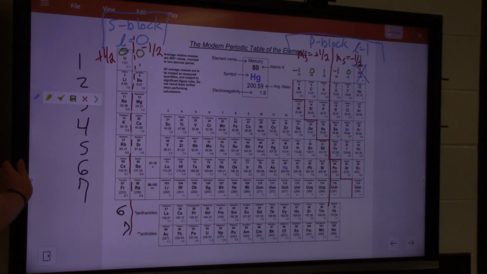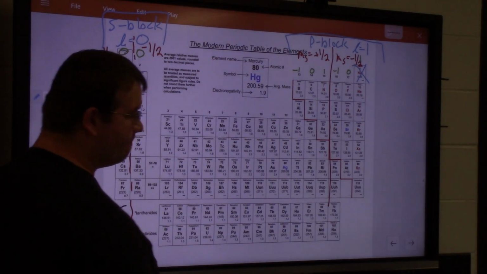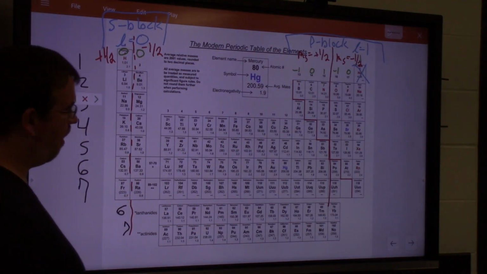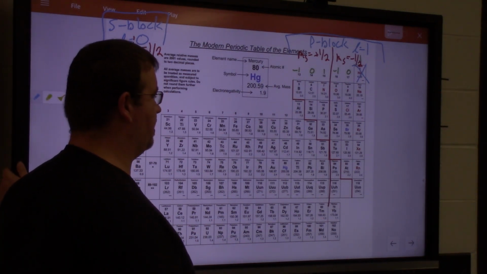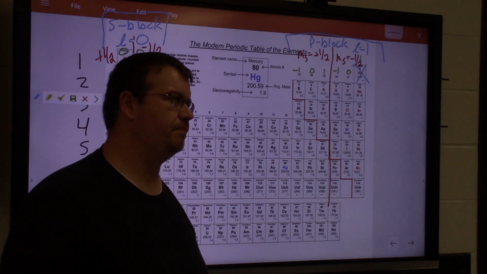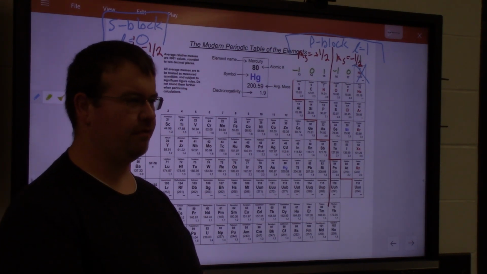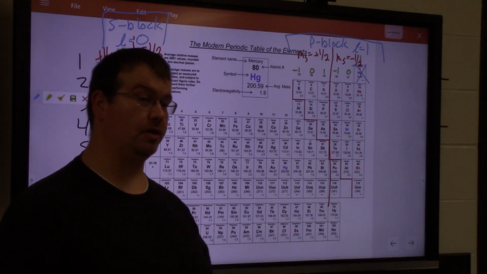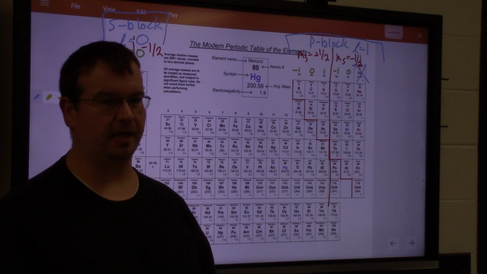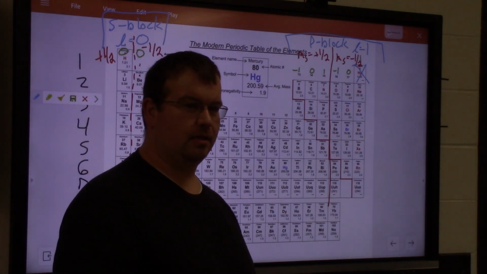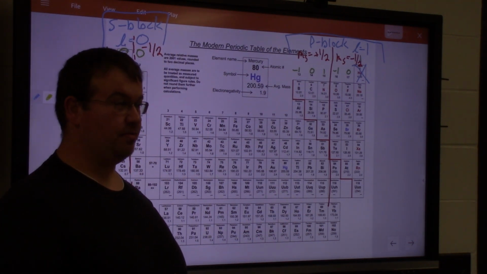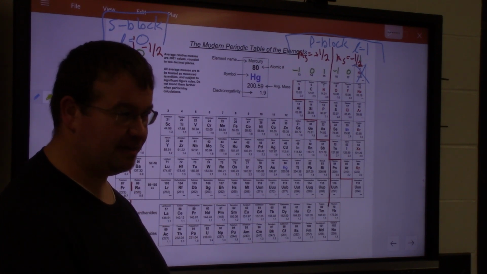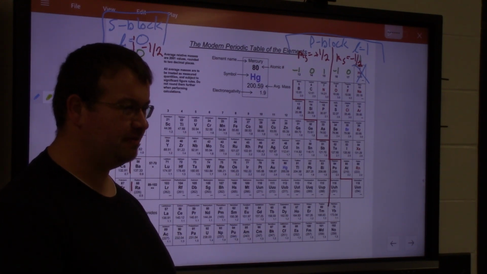I mean, it's really convenient that all these blocks have even numbers. Have we found element 117? We found them all, but this is the periodic table I've been using for years. Whenever you sign up for AP chemistry, there actually is a different periodic table I'll be giving you, because it's the same periodic table you'll get on the AP exam. Your AP chemistry class is going to be very similar to this, so you should sign up for that.